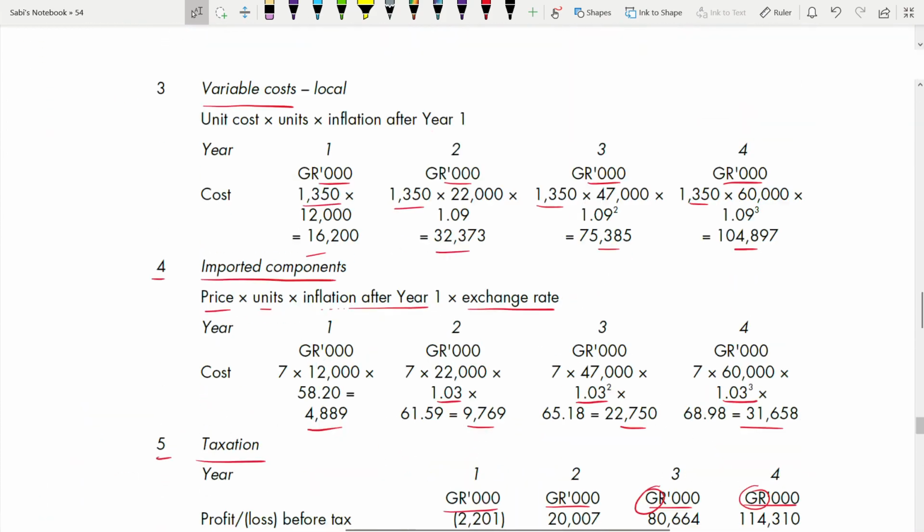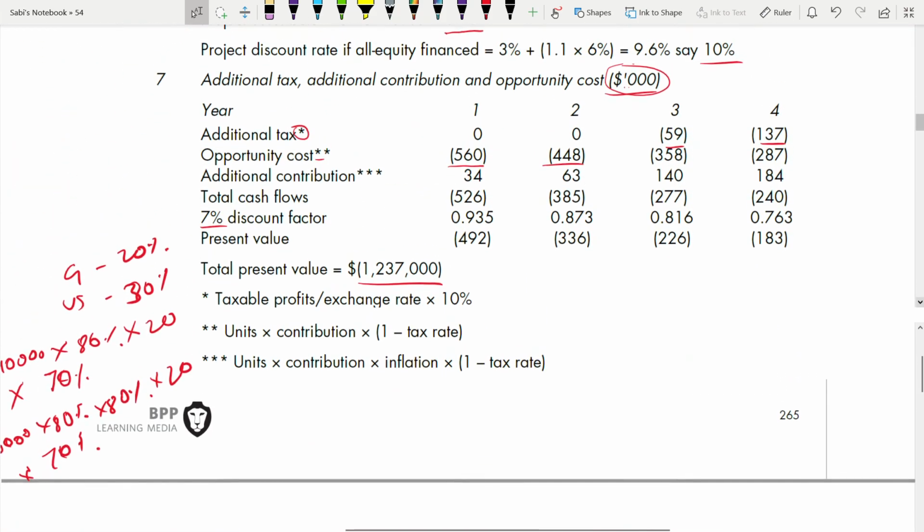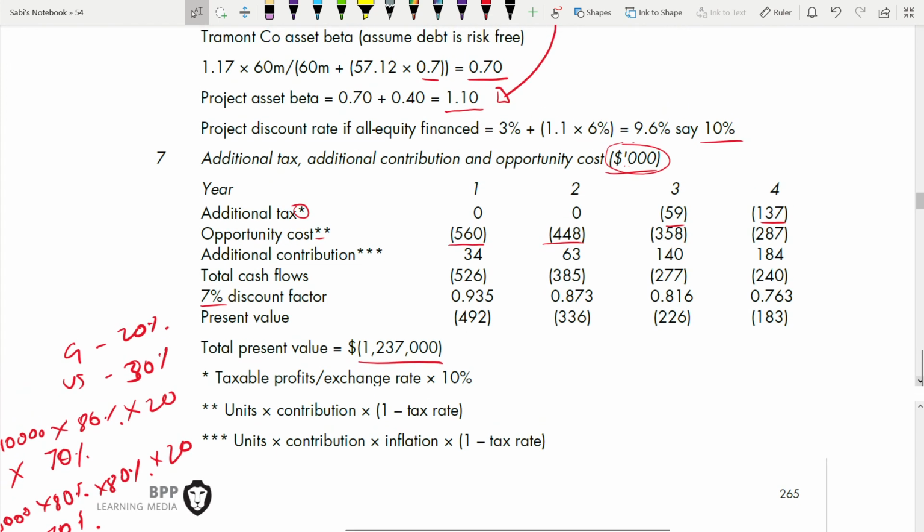So the formula you see here, it is unit into contribution into inflation into 1 minus tax rate. Right? It is 34. How are we getting 34? Just get for 1 year, rest all you will get it.